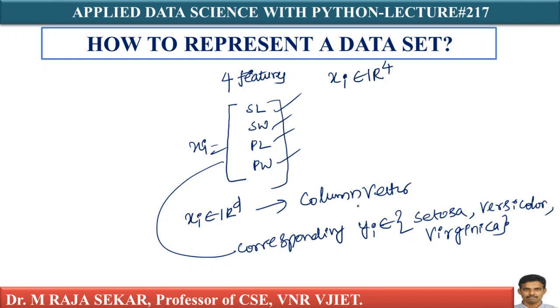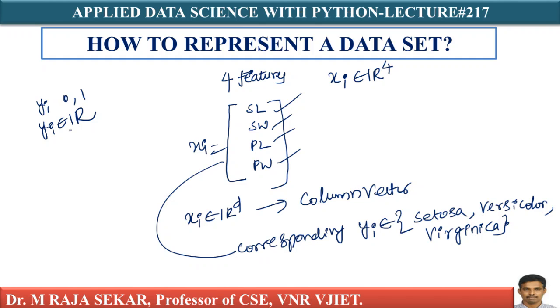Of course, there may be other types of yi's. Yi could be 0 or 1. Yi could also belong to some real value. We will see different machine learning tasks for which there will be different values, but not all the values may be real values.